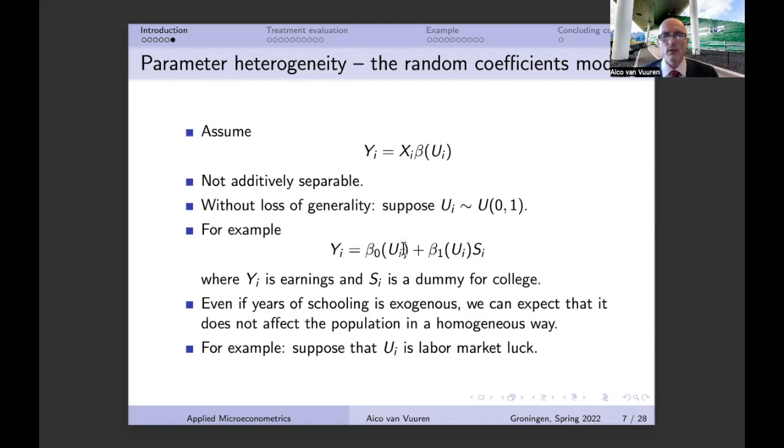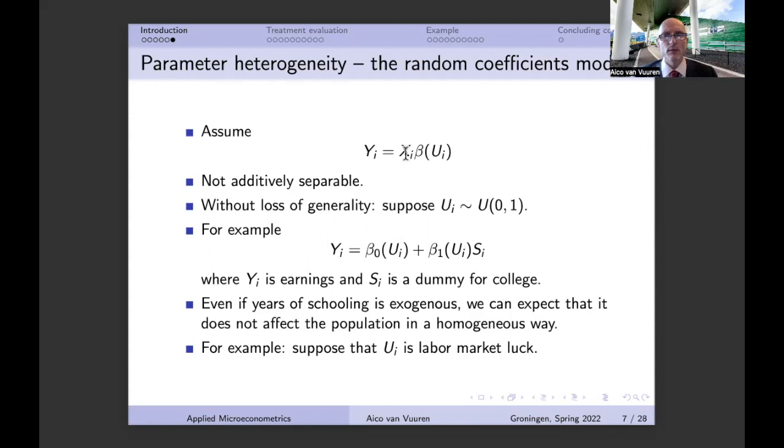Well, let's now go back to the example that I had on the previous slide, where we assume that the left-hand side is going to be log wages, and at the right-hand side we're going to have all kinds of, say, human capital characteristics, including education. Well, let's make it as simple as possible.